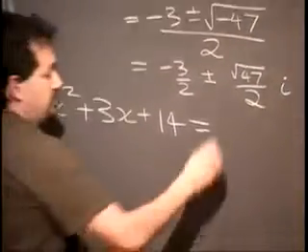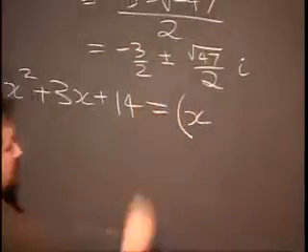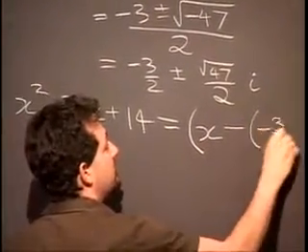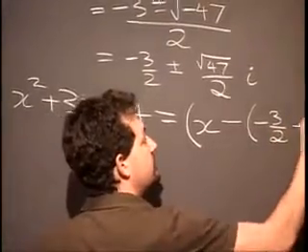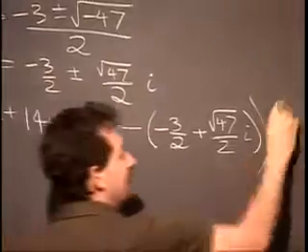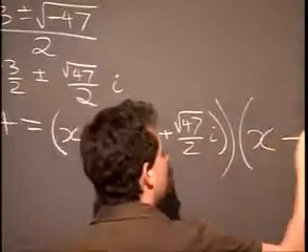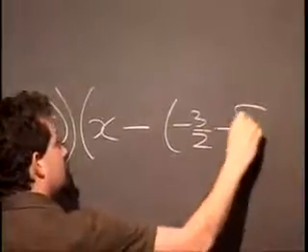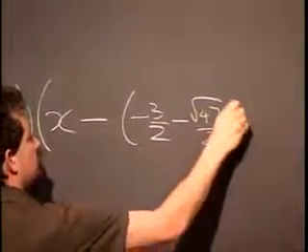But if you do it over the complex numbers, you can have x minus 3 halves plus root 47 over 2i. So that is one solution. And then the other factor would be x minus 3 halves minus root 47 over 2i.